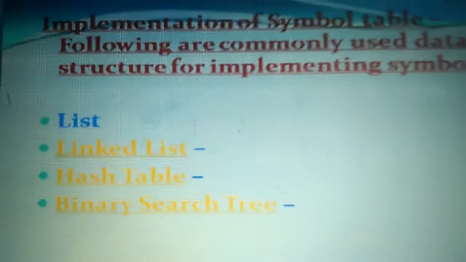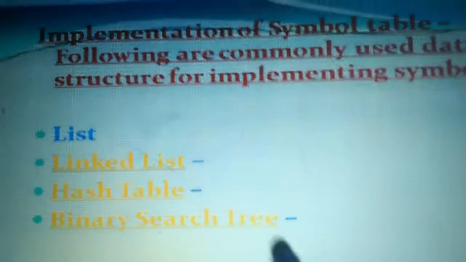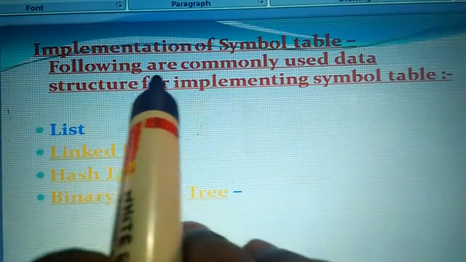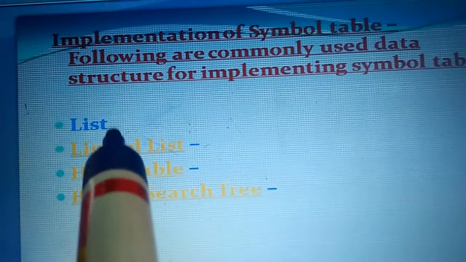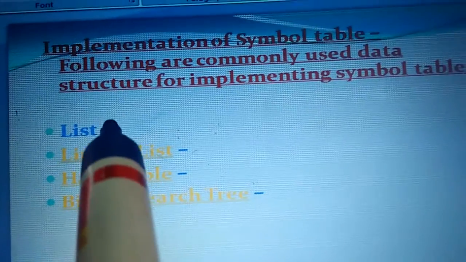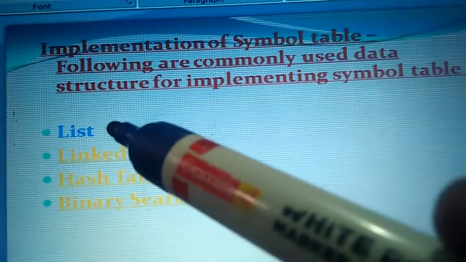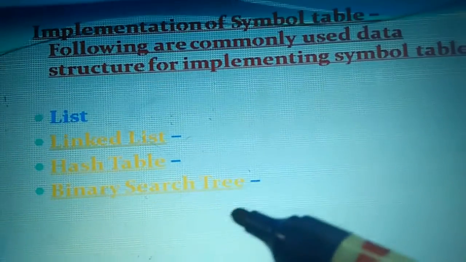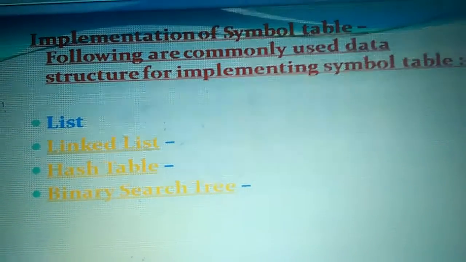There are different methods: list, linked list, hash table, and binary search table. The symbol table can be developed by making use of the data structures list and linked list, and it can also be implemented using a hash table or a binary search table.